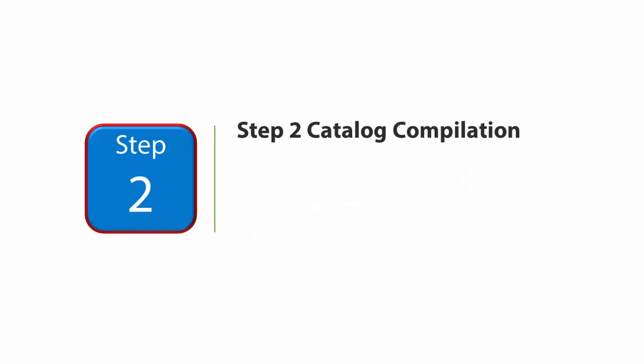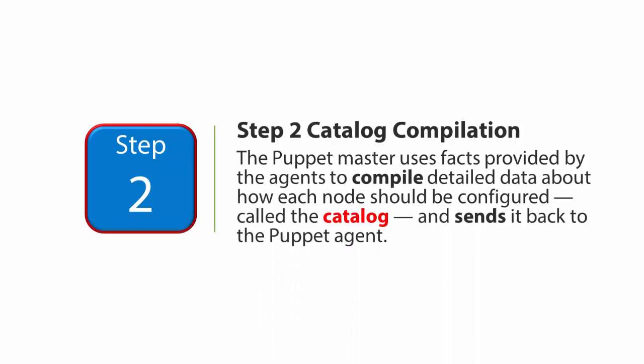If the Puppet master receives this information from the Puppet agent, then the Puppet master will use these facts to compile detailed data. This detailed data, once compiled, we call a catalog. And then the Puppet master will send this catalog to the Puppet agent.